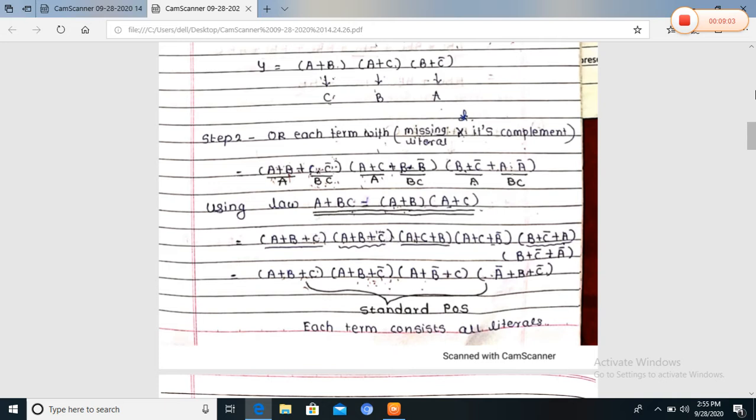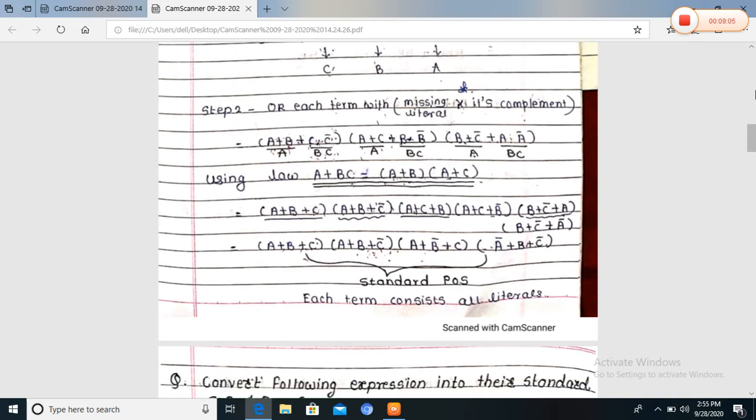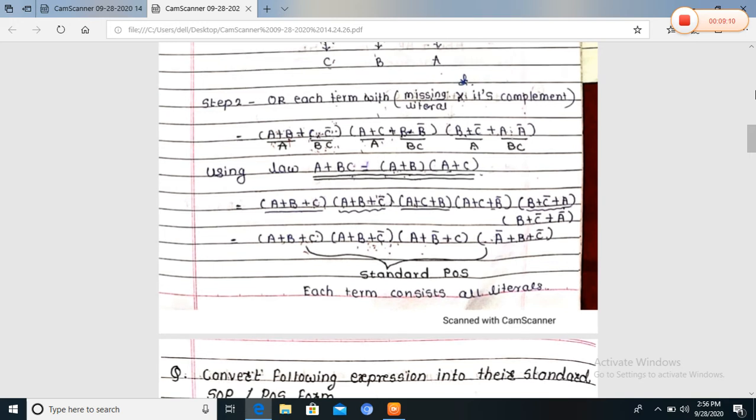After that, we solve the brackets. In the first bracket there is A + B as the term A, and C·C bar, which is the term BC. There is a Boolean law: A + BC equals (A + B)(A + C).